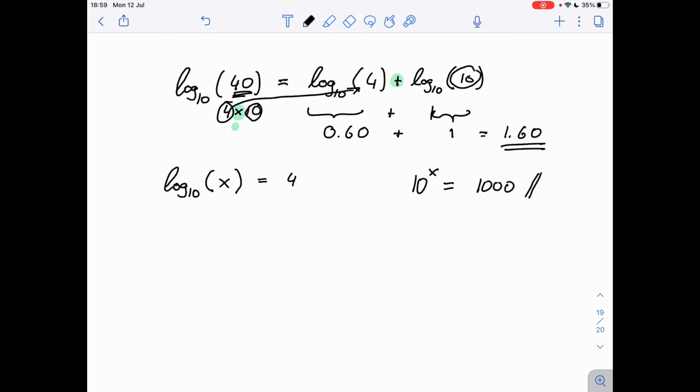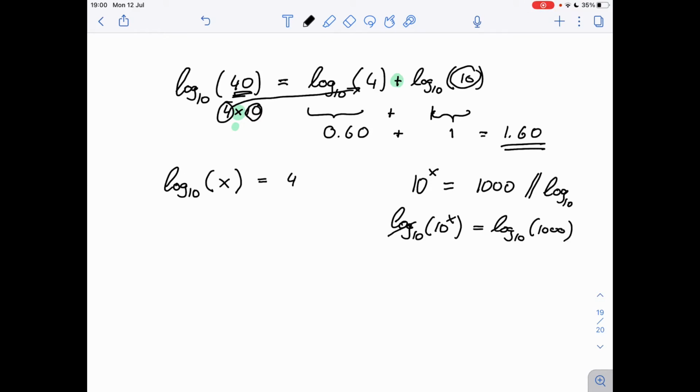And we applied, and I indicate that with these double slashes, log 10 of, we took both sides, log 10, and we got log 10 of 10 to the x equals log 10 of 1000.